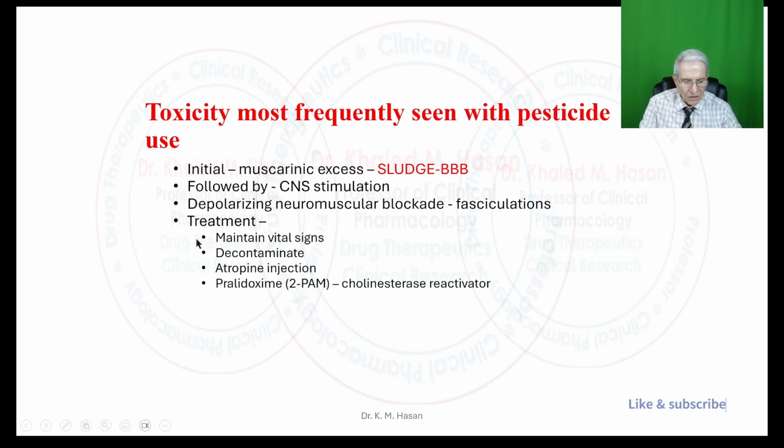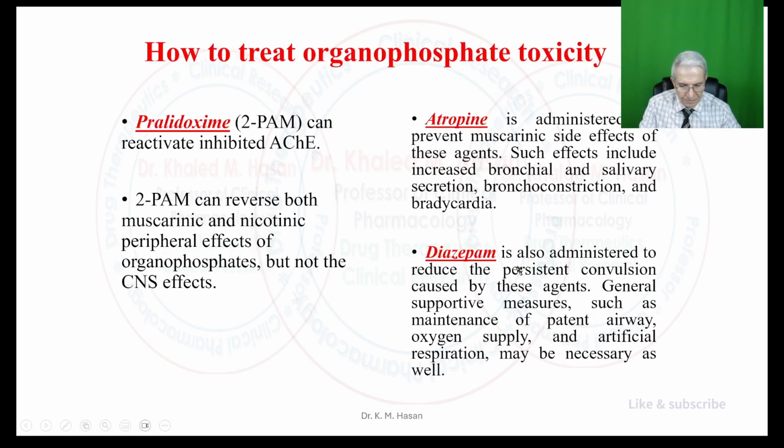We try to maintain vital signs, looking at blood pressure, respiratory rate, pupils of the eye, temperature, and pulse. Decontaminate, and prescribe or inject atropine. The antidote will be pralidoxime, 2-PAM, a cholinesterase reactivator. How to treat a patient with organophosphate toxicity?